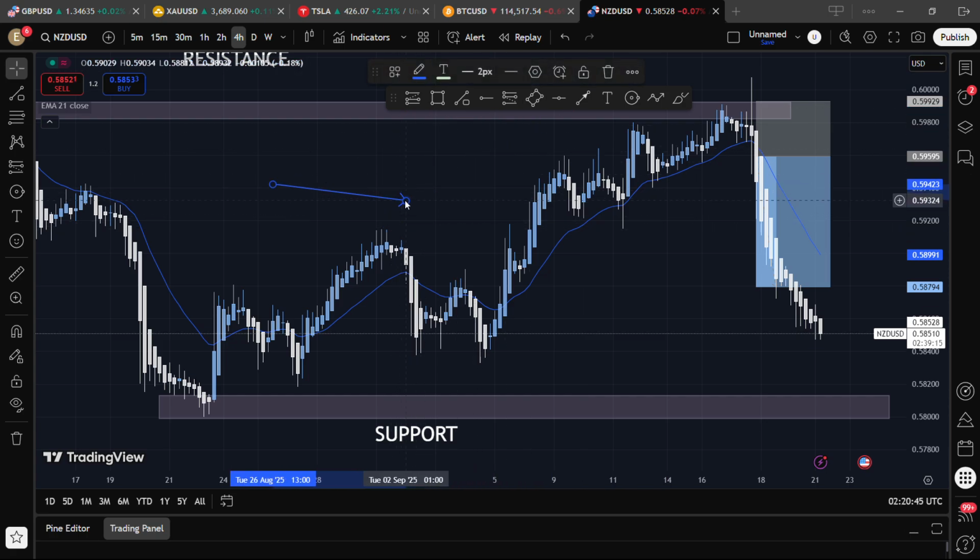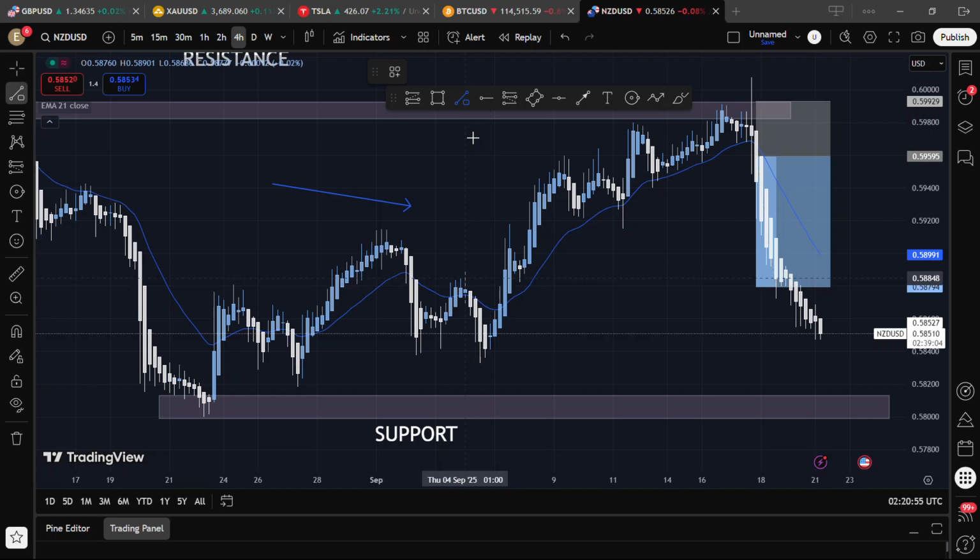As I said in my previous video, when I identify the W pattern, you first mark the neckline. This is your neckline. The meeting point over here is your neckline.